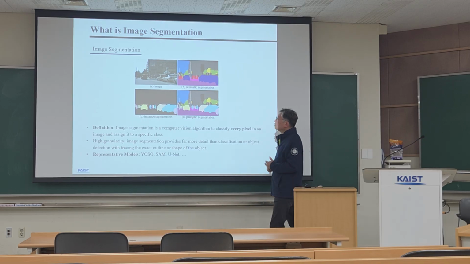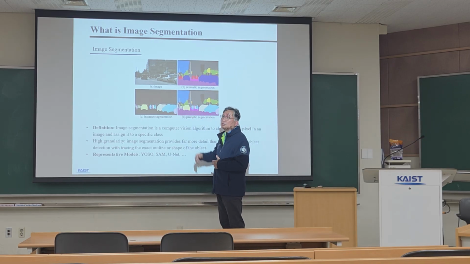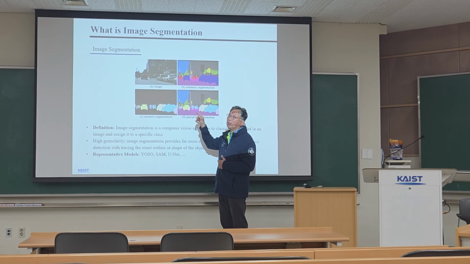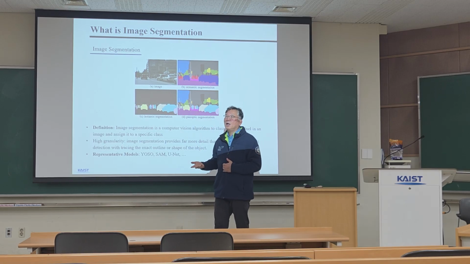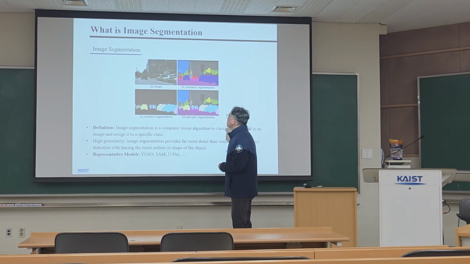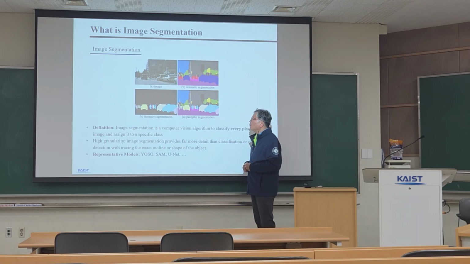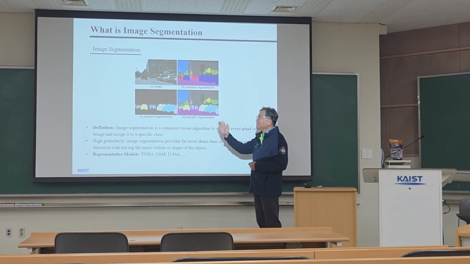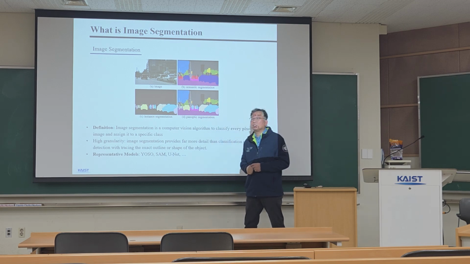Image segmentation is, given an image shown here, A, it tries to classify each pixel as one of the objects. Okay. And there are various types of segmentation algorithms: semantic segmentation, instance segmentation, and panoptic segmentation.